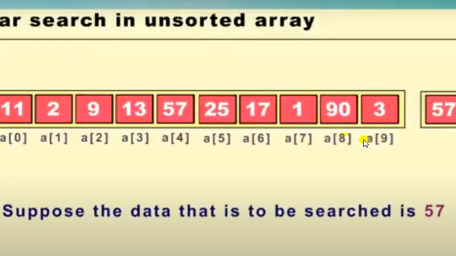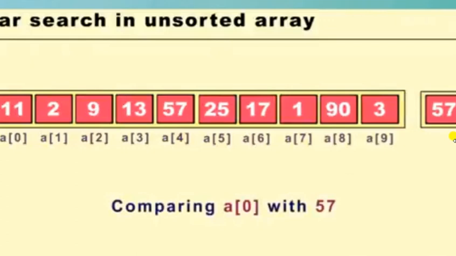So here the array is A of size 10 elements. That is, A[0] starts with 0 and ends with A[9]. Suppose the data that is to be searched is 57. So, how will we do it using linear search?